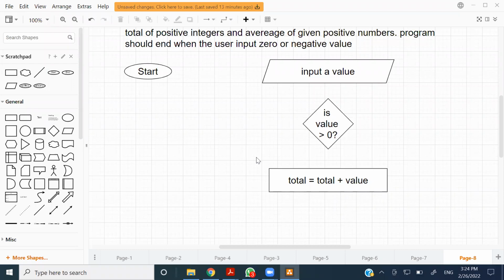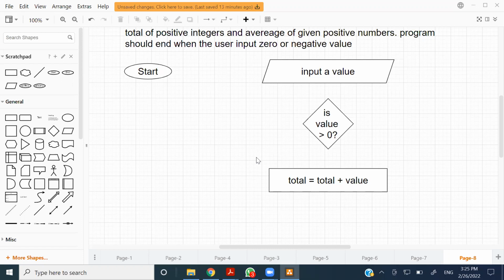That's right. You have to do the sum. Average can be calculated when the sum is divided by the number of inputs.